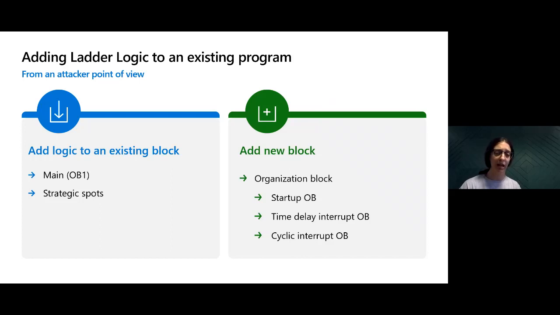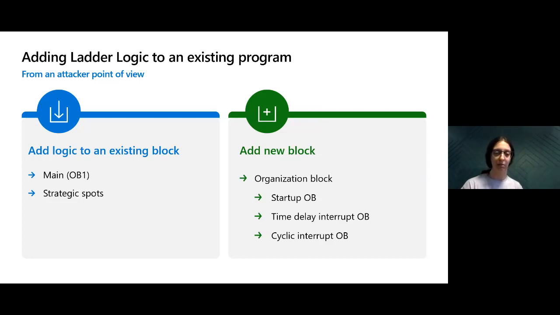There might also be more blocks that seem strategic for blending into the normal execution, but we need to keep in mind that the attacker will want to do so with minimum interruption, because the PLC owner might notice these kinds of changes.